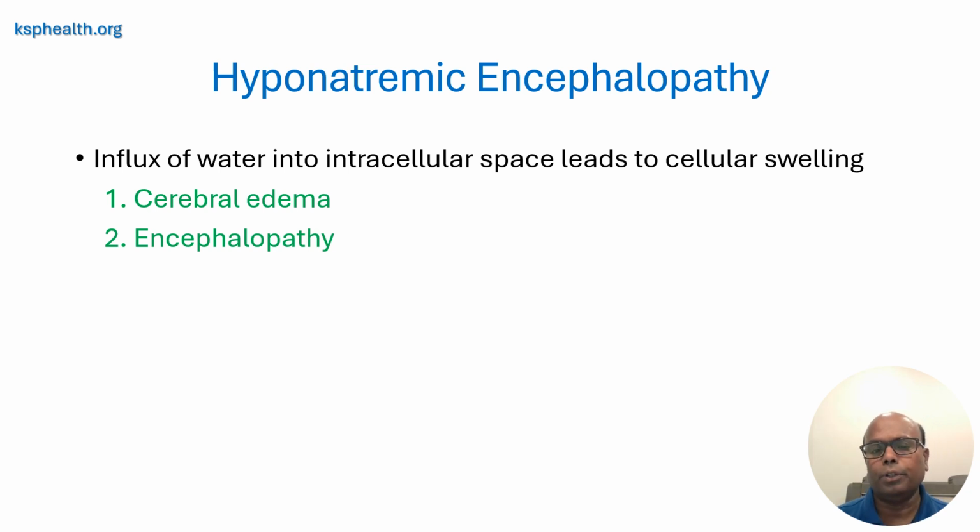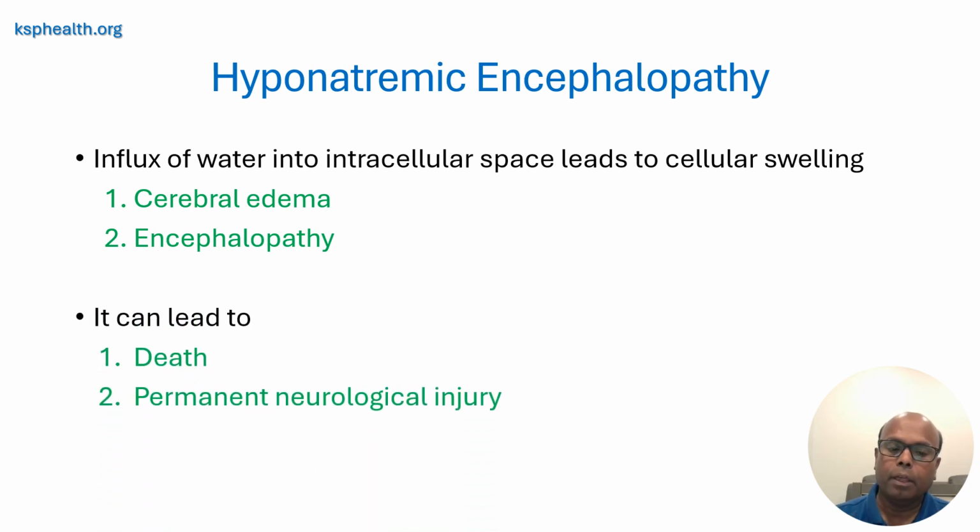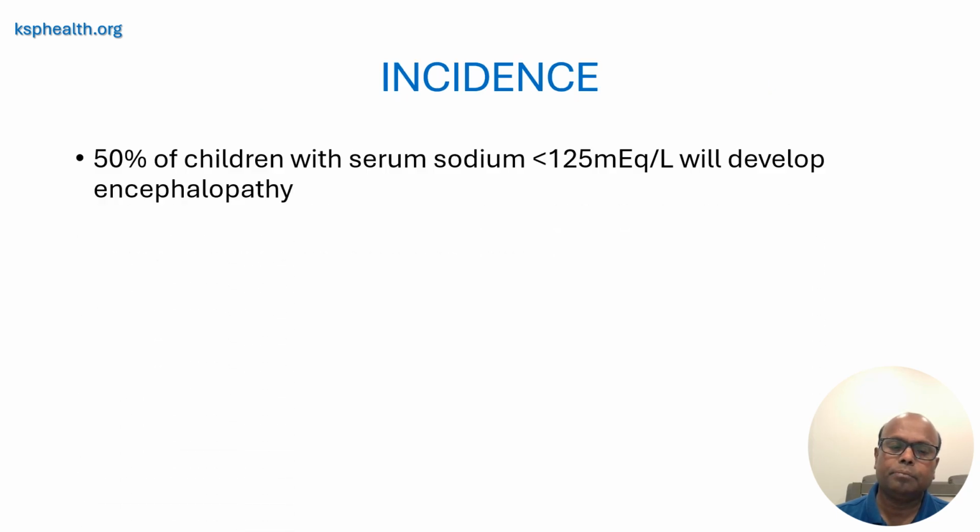The influx of water into the intracellular space leads to cellular swelling that results in cerebral edema and encephalopathy. It can lead to death and permanent neurological injury. Almost 50% of children with serum sodium less than 125 will develop encephalopathy.